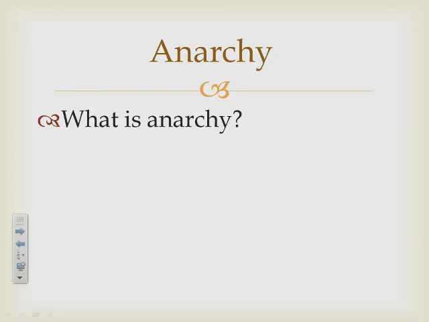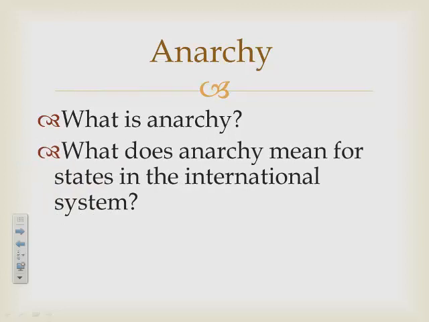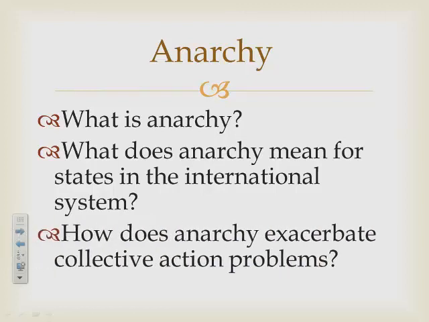It has no independent authority, and it has no independent power, its own military or that sort of thing, to enforce solutions to problems. And so it's left to states to fend for themselves. Well, what does this mean for states in the international system? Well, just as I said, it means that states have to take care of themselves.